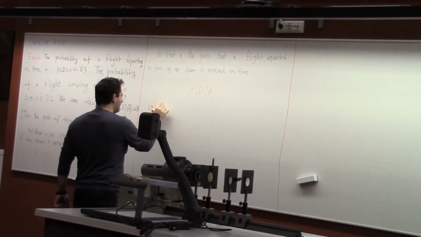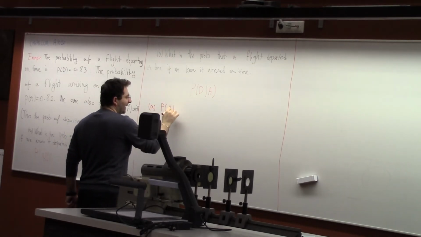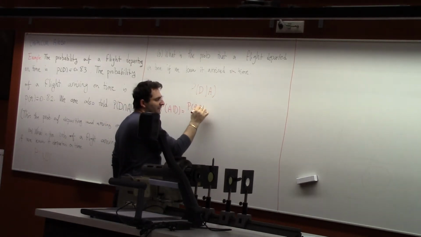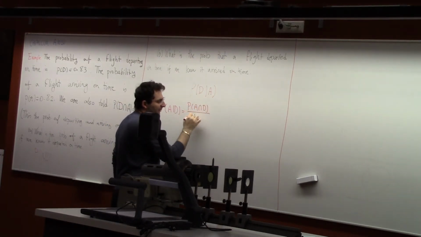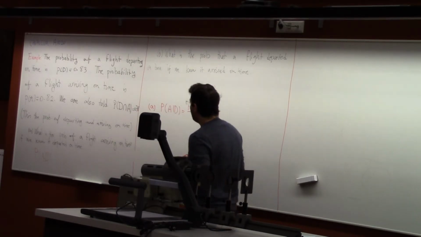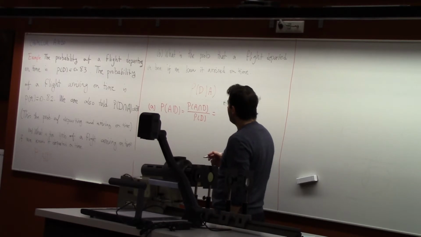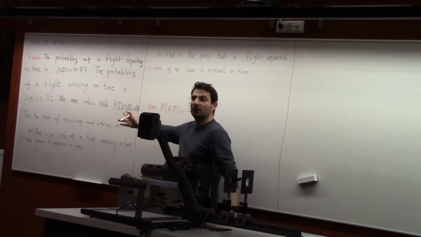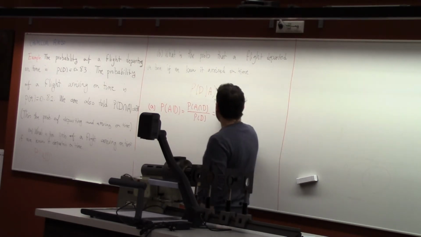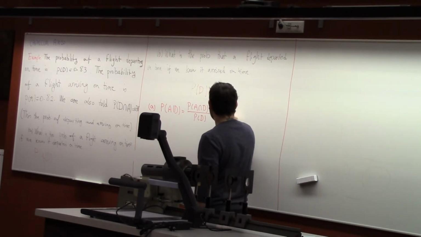So for part A, we want to calculate the probability of A given D, which is the probability of A intersected by D, divided by probability of D. We know that the probability of A intersected by D, or D intersected by A, they can be interchanged, is 0.78.